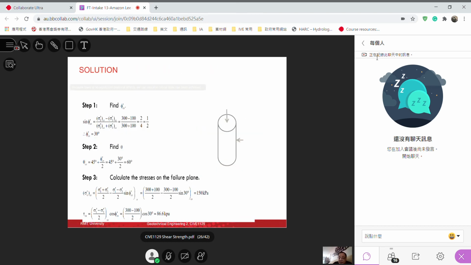This is what we discussed. This is the major principal stress, sigma 1, 300 kPa. The minor principal stress applied here is 100 kPa. Then at that point, the failure plane starts to develop.